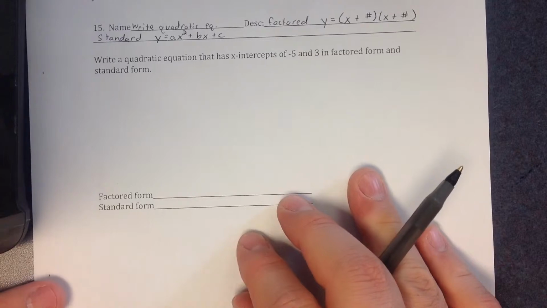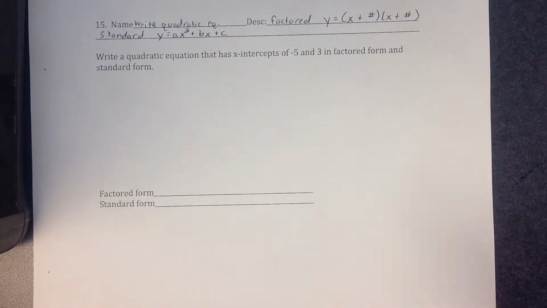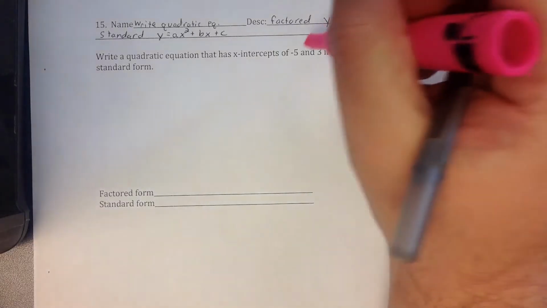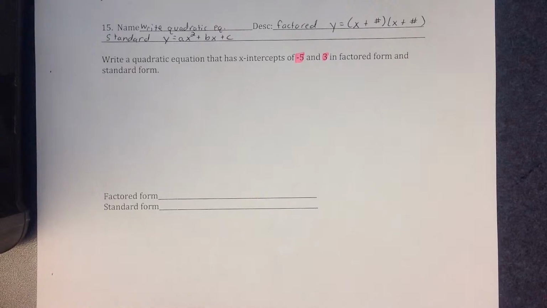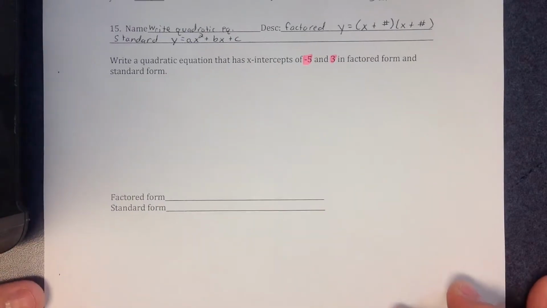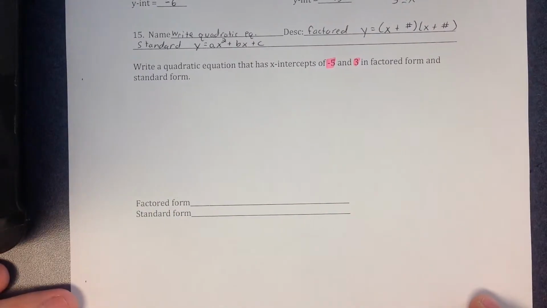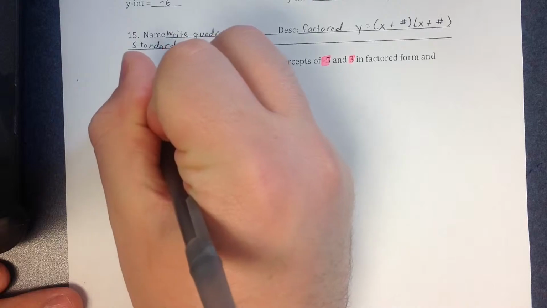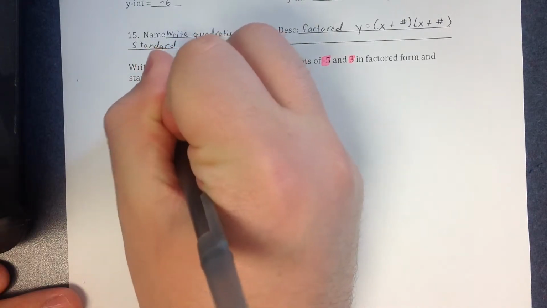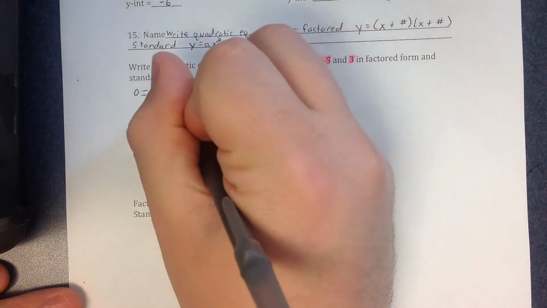So if we look at the information that's given to us, we're told that the x-intercepts are -5 and 3. Now that's important because of when we've solved quadratics in the past. You don't have to, this isn't necessarily part of the problem, but so you can understand what I'm saying.